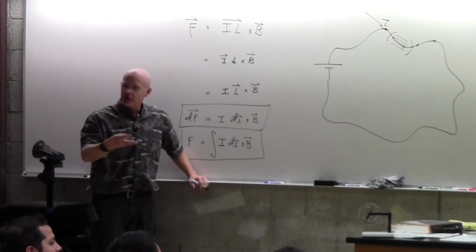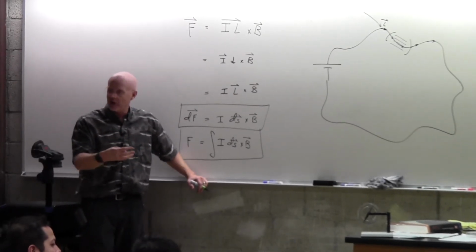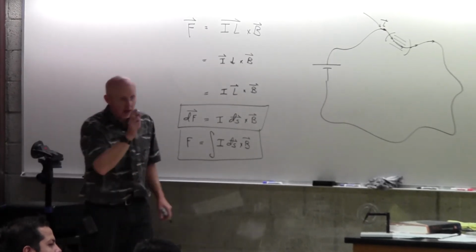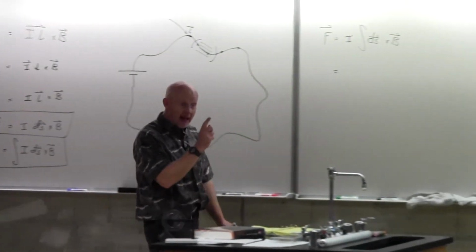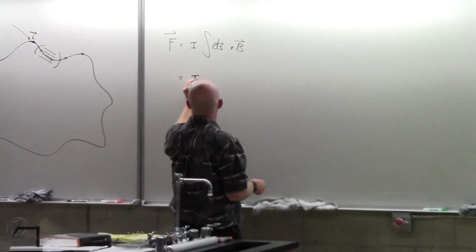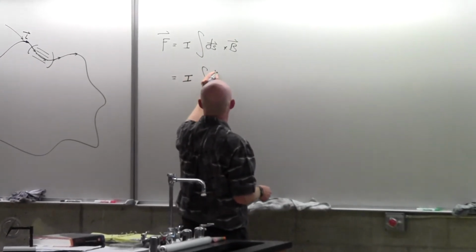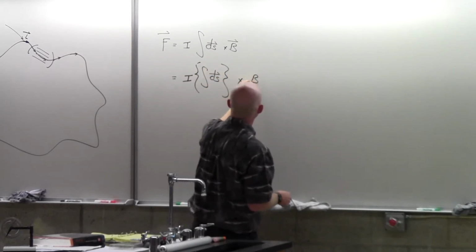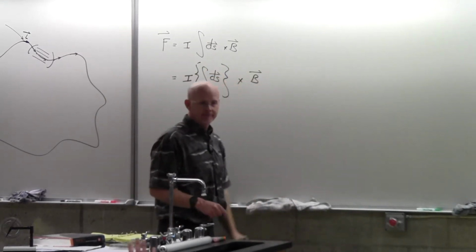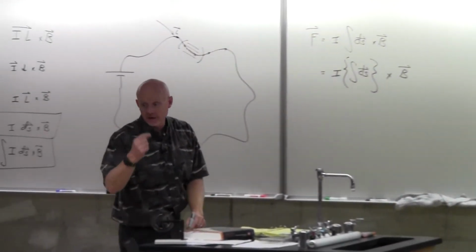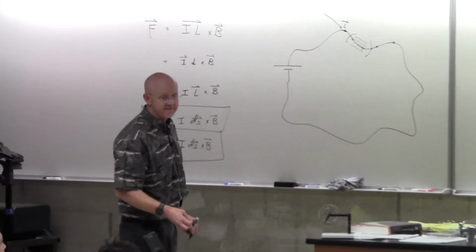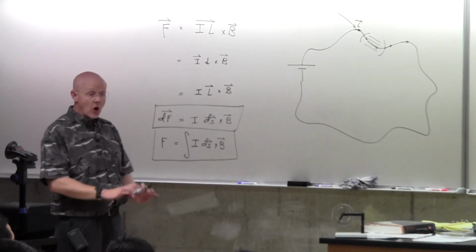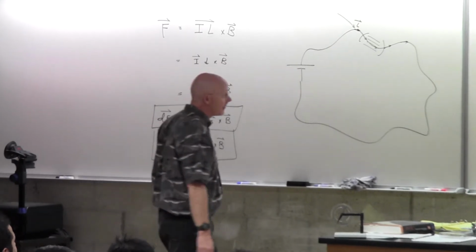I can just take current as a constant value as long as I don't have any nodes, and then pull it out and say, all right, it's the same current everywhere. And what I'm trying to illustrate here first is that I could also then take the magnetic field out, right? Because the magnetic field has the same value. Yeah. And you could only do that if the whole thing is in the magnetic field. Right, right. And so I'm saying the whole thing is in the magnetic field.